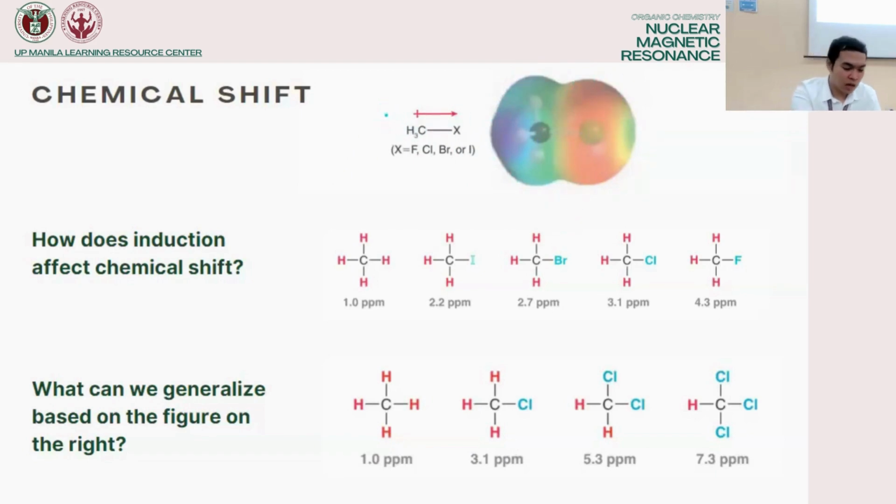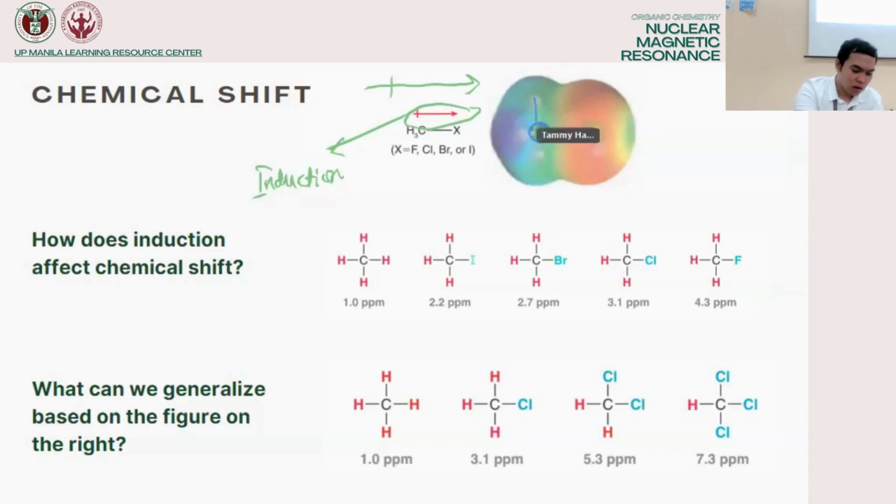This red pulls the electrons. This is your induction. In this electron structure, most of your electrons go to X. That's the meaning of induction.